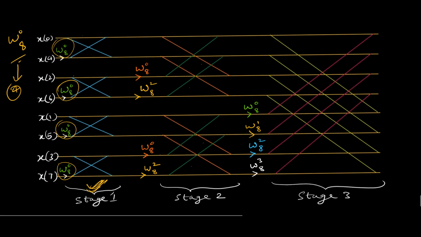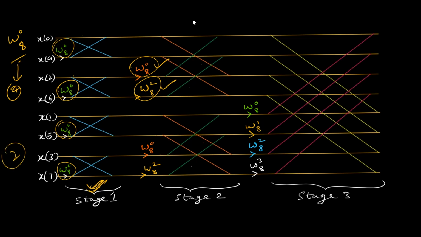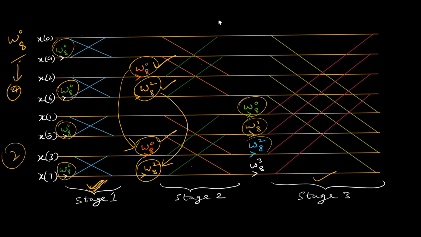Likewise for stage number 2 we have two exponent values, w8 to the power 0 and w8 to the power 2, and by step number 8 each of these will repeat themselves twice. There will be two instances of these twiddle factors. And for stage number 3 there is no repetition at all, and there are 4 exponent values, so we'll have 4 different twiddle factors. So I have to write it like this.